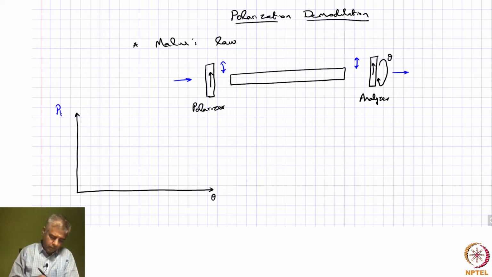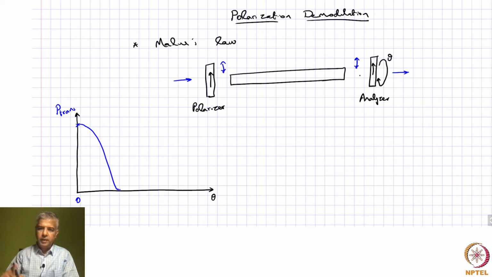You can call that P transmitted. The P transmitted would have a maximum at theta equals 0, and then as you start rotating, it's going to start allowing a smaller component of this light to pass through, so it's going to come down and go to a point where it becomes 0, and that corresponds to the point where the analyzer is oriented at 90 degrees, orthogonal to this polarization state.